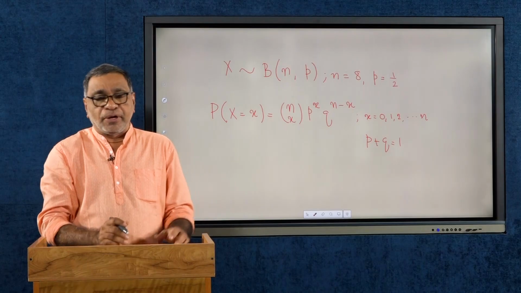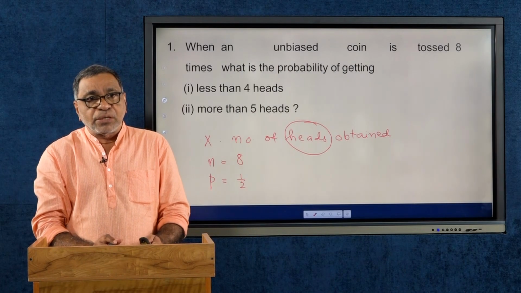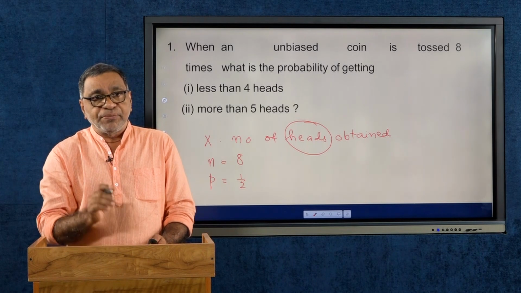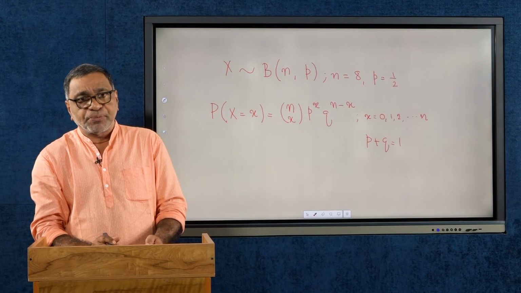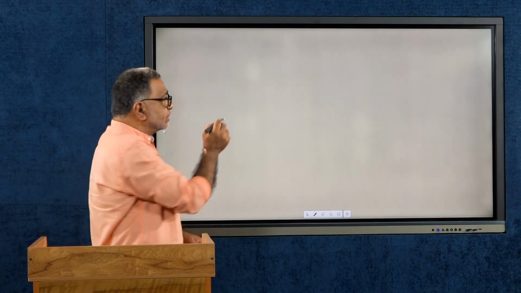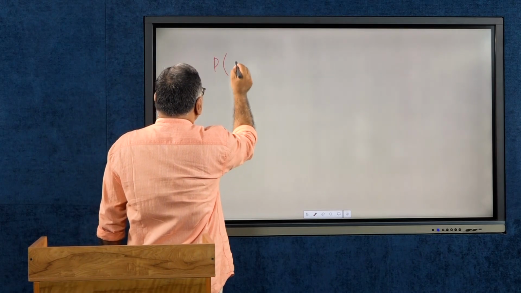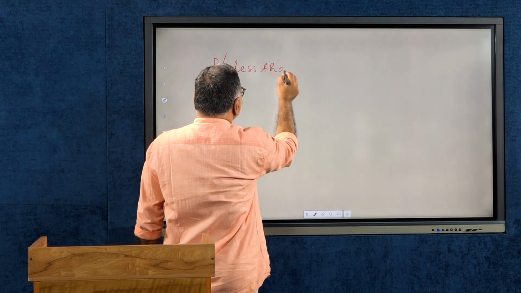Now, come to the point. What is our problem? Here the problem is, what is the probability of getting, first event, less than 4 heads. So, we have to find the value of the probability of getting less than 4 heads.